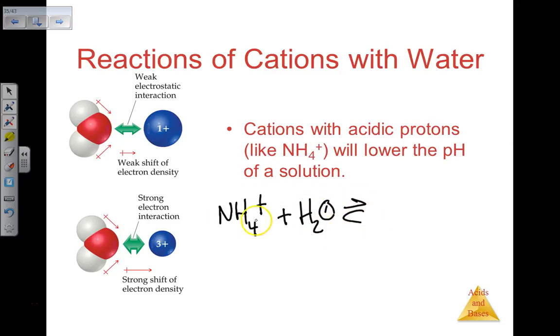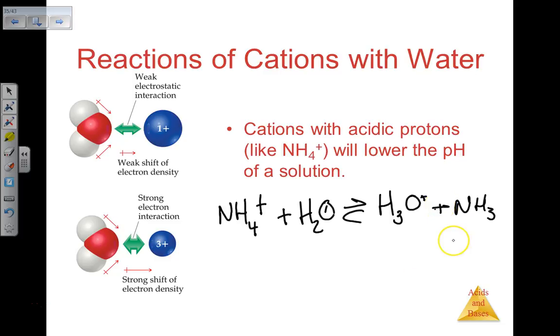Well, what's going to happen? This isn't going to get a proton because it already has a plus charge. Pluses aren't attracted, it's only opposites that attract. So water is going to act as an acid, and it's going to gain a proton, giving H3O plus, plus NH3.